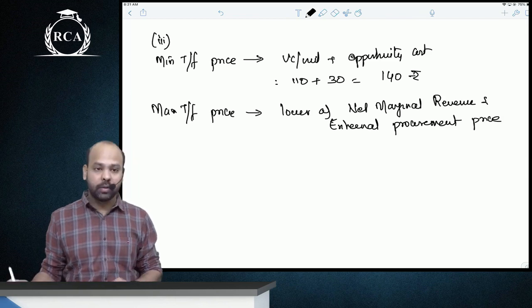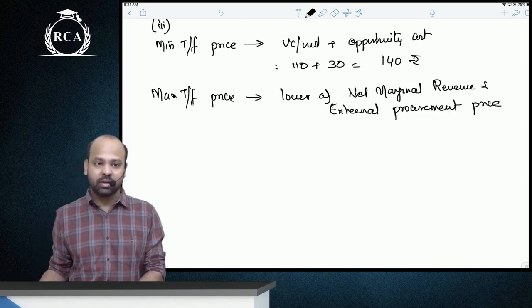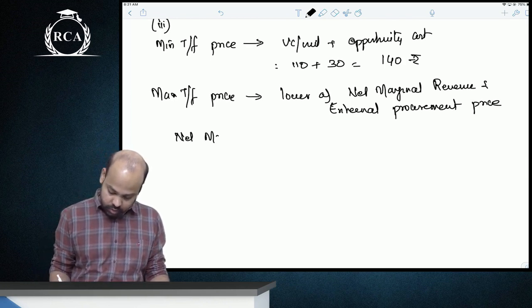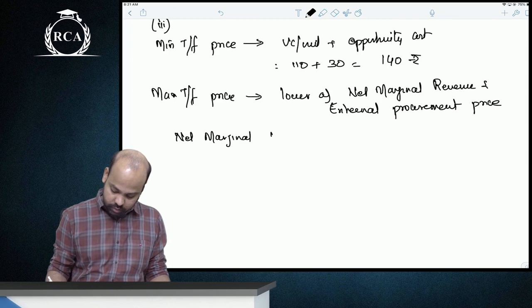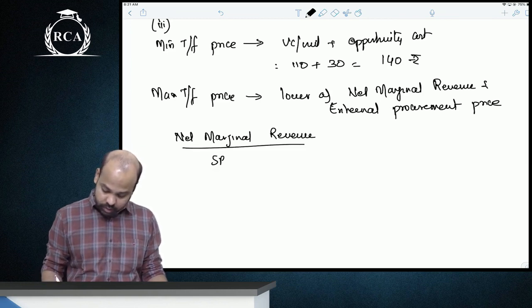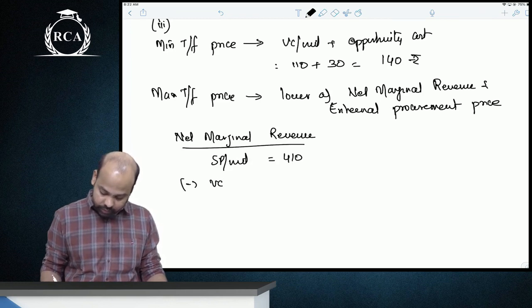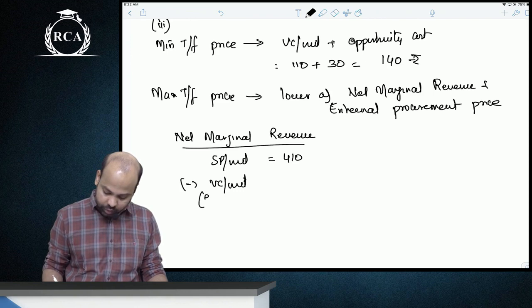What is the amount of net marginal revenue, guys? The selling price per unit is 410 less variable cost per unit excluding lens.